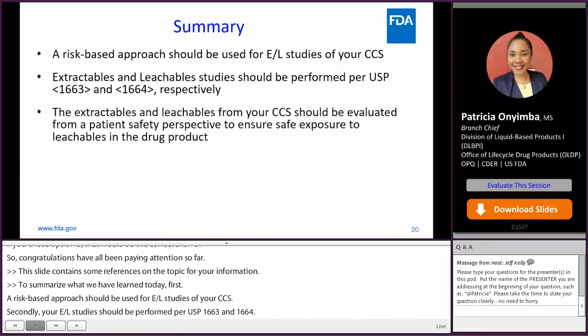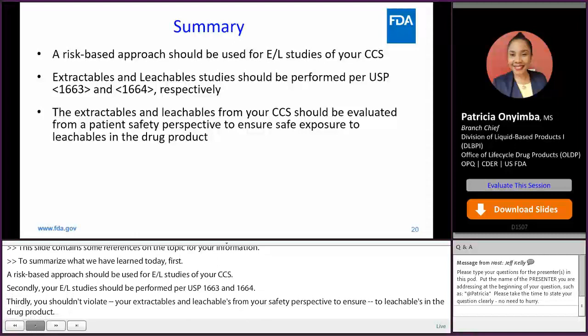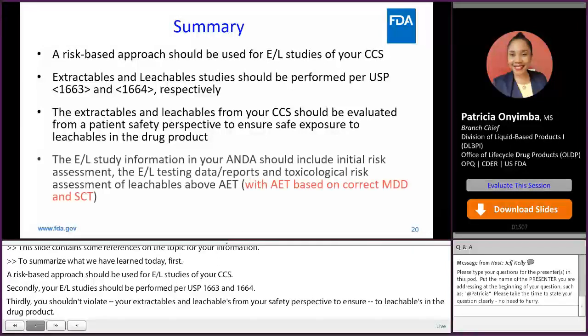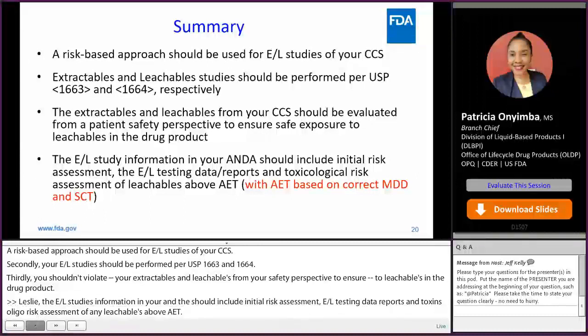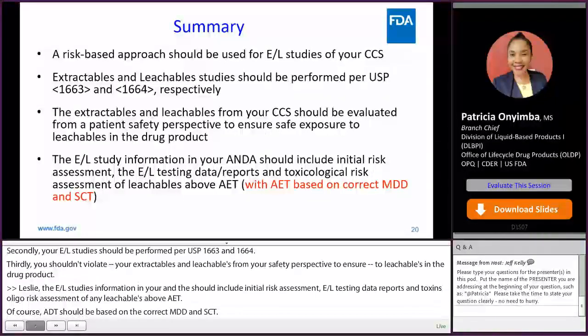Thirdly, you should evaluate your CCS extractables and leachables from a patient safety perspective to ensure safe exposure to leachables in the drug product. Lastly, the EL studies information in your ANDA should include initial risk assessment, EL testing data and reports, and toxicological risk assessment of any leachables above AET. And of course, AET should be based on the correct MDD and SCT.